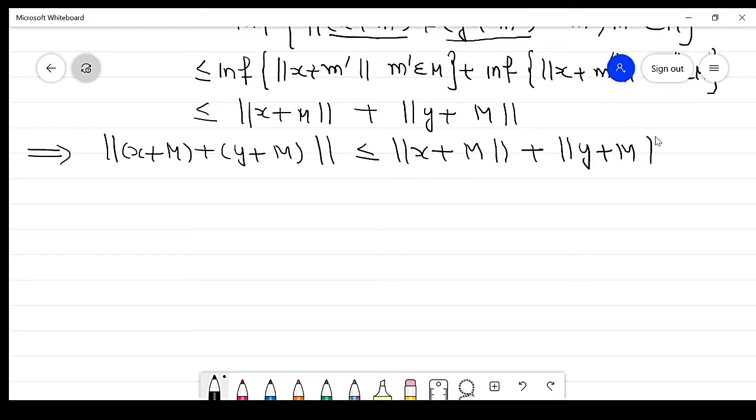So it satisfies the triangle inequality. So here we proved the triangle inequality. Now property number 4. Here alpha is some scalar.